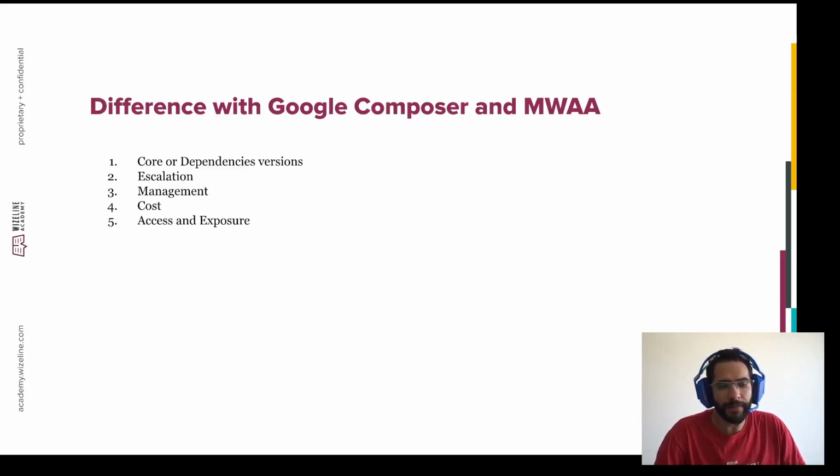So let's go with the difference between Google Composer and MWAA against this method. Maybe you're going to have some version dependency in your project, or maybe even the Airflow version, the core of Airflow, that is not going to be available in some of these frameworks like Google Composer or MWAA. So maybe you want to use your own version of this one, or you want to be in charge of the dependencies.